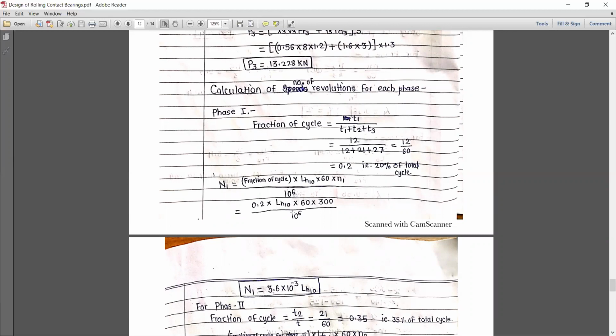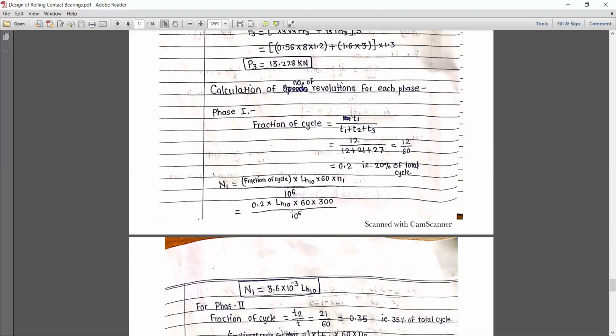So we consider only that number of revolutions for that phase. The equation gets modified, while calculating the life rating in revolutions, to n1 is equal to fraction of cycle into LH10 into 60 into n1.